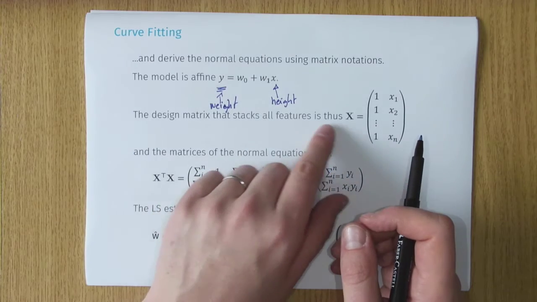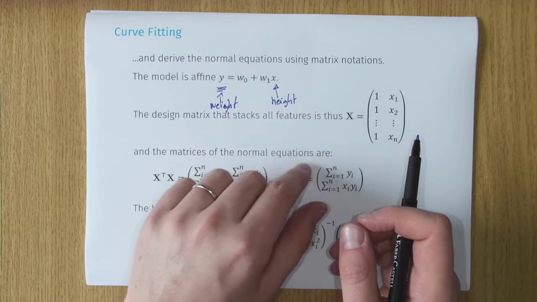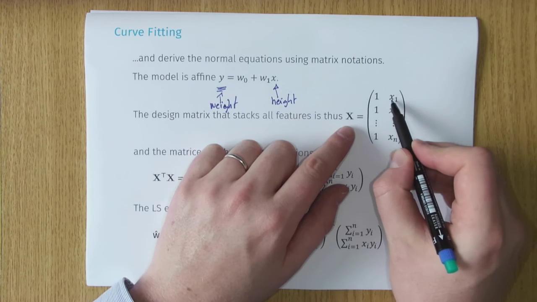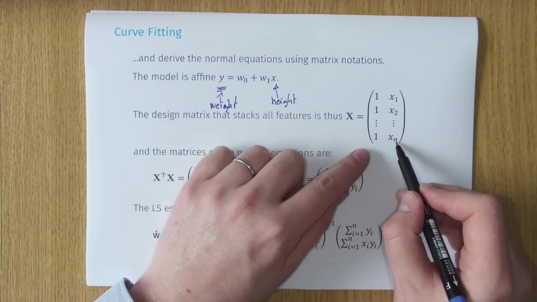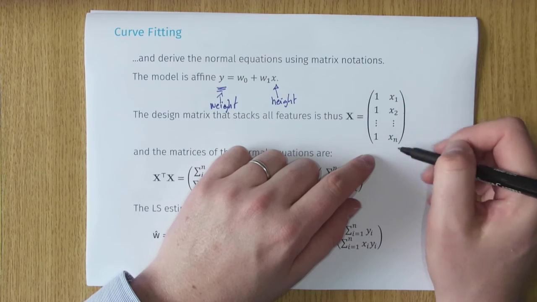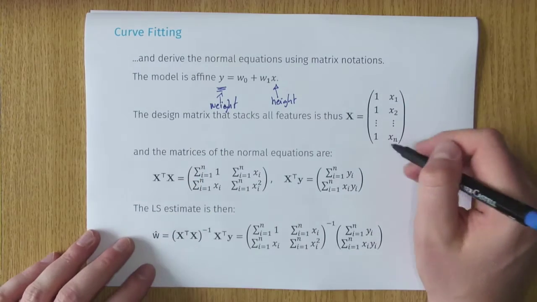And so when we stack all these features in the design matrix, we have 1, x1, and so on, 1, xn. So ones and the heights for each of the individuals.